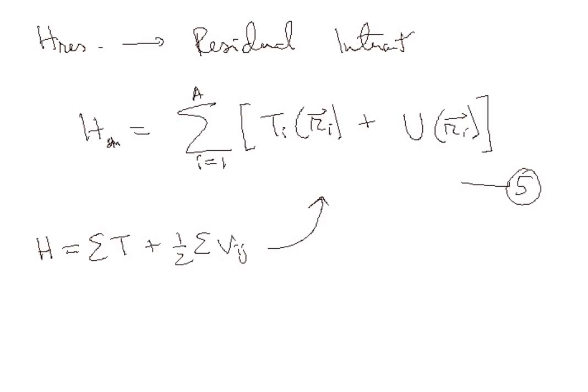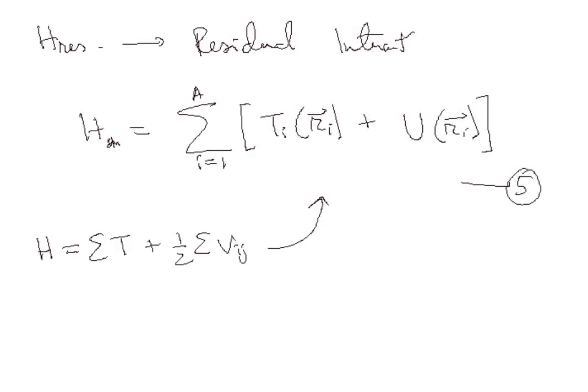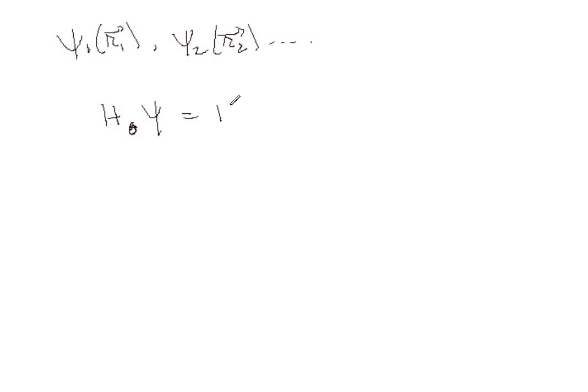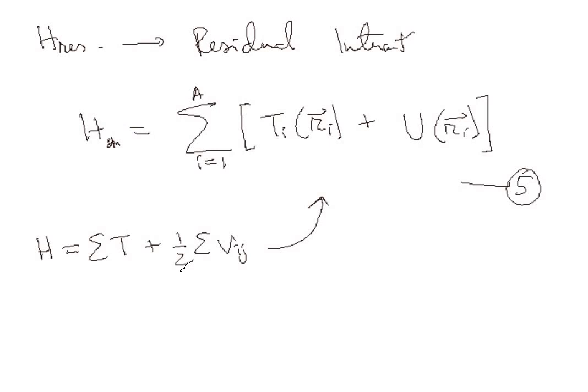Now you see the solutions, psi 1 R1, psi 2 R2, of the equation H0 psi equal to E psi. This is H0, and let me not write SM.